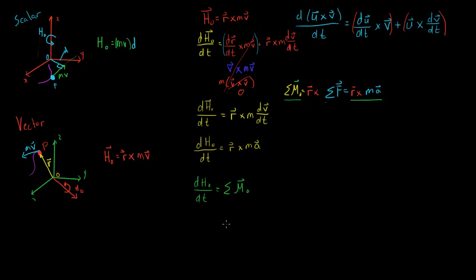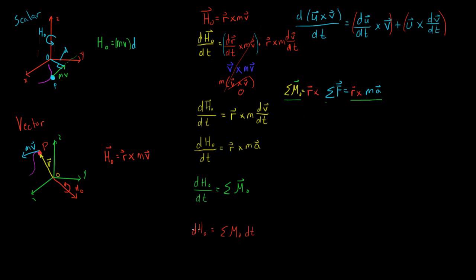Now from this equation right here, we can separate our variables and we can integrate. We bring this dt over to the other side, so we have the derivative of the angular momentum is equal to the sum of the moments about O times dt.